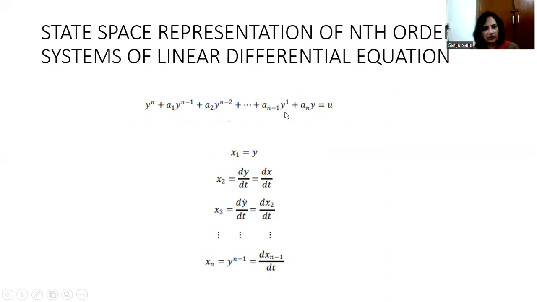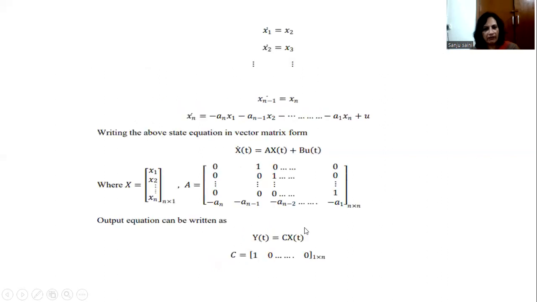So y will be represented as x1, and y1 will be represented as x1 dot, and so on. We'll just put these within this equation, and we'll get the value of xn dot. So it can be obtained from the equation. So the procedure becomes what?